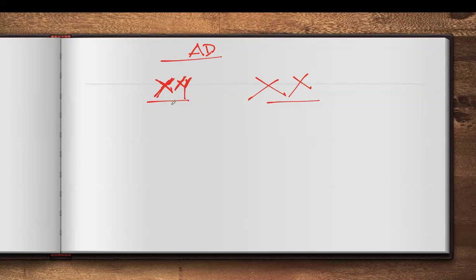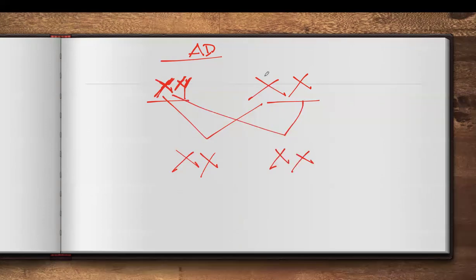Okay. So there are four possible scenarios when they will get the children. So X and X, another X and X, then we have X and Y prime, and we have another X and Y prime.